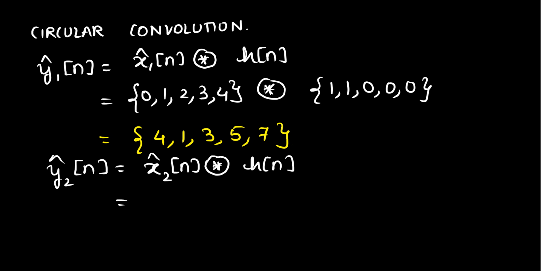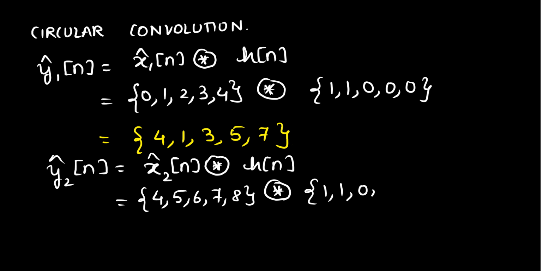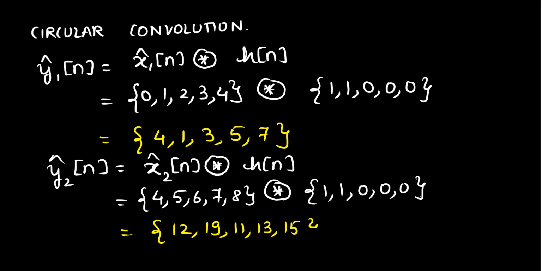So that is given as 4 5 6 7 8 circularly convolved with 1 1 0 0 0, and this comes out to be 12 9 11 13 and 15.